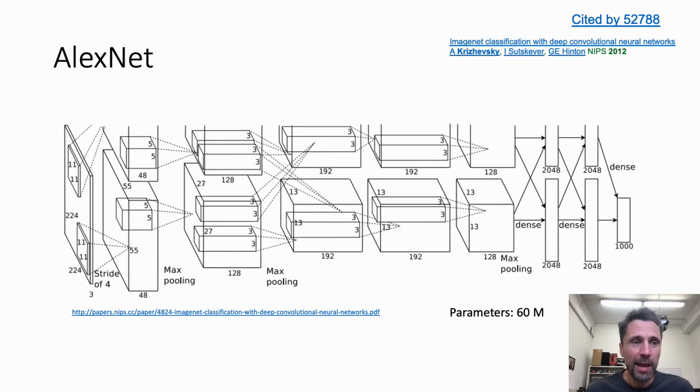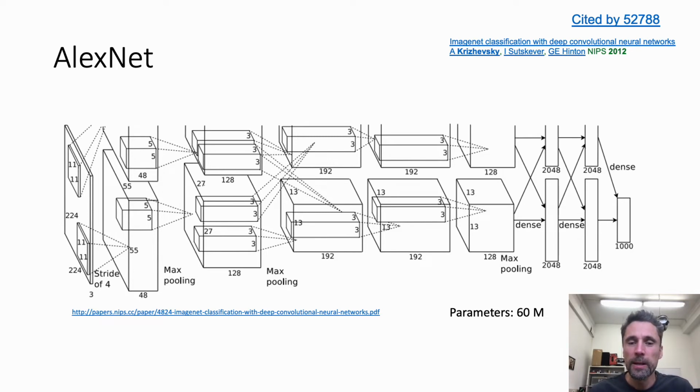In 2012, AlexNet won, but looked pretty much the same as LeNet, the one that we saw before. It came with convolutional and max pooling layers. In the end, we had only 8 layers, but 60 million parameters, so a 1,000-fold increase over LeNet.